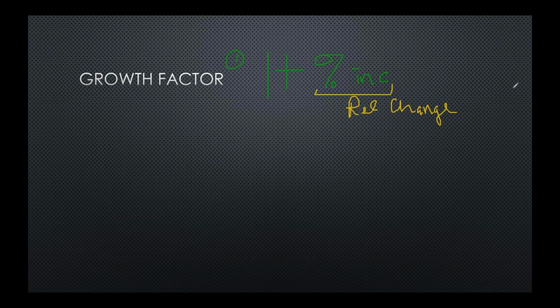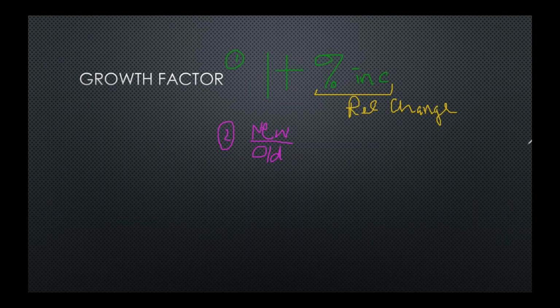That's one way. But they don't always give you the percent change. Sometimes they tell you, here are the consecutive values. So if you know consecutive values, you can take the new value and divide it by the old value. But they must be consecutive, right in a row. If you do that, that will give you the growth factor.